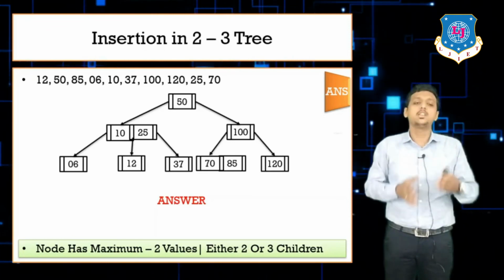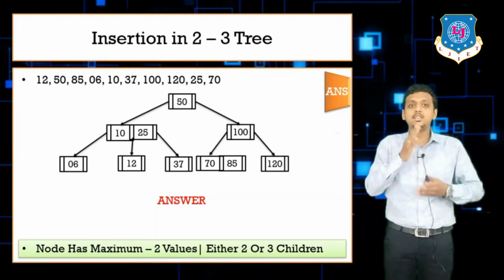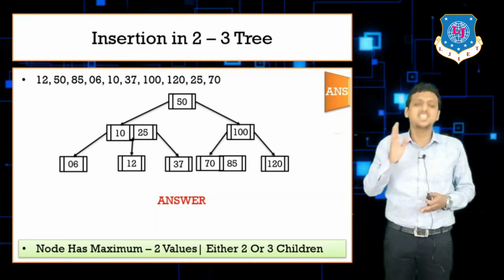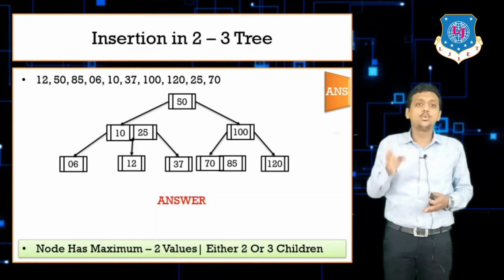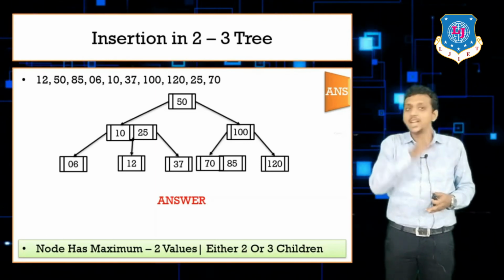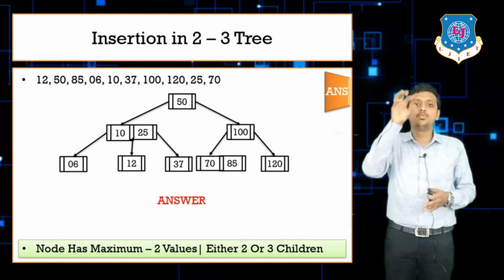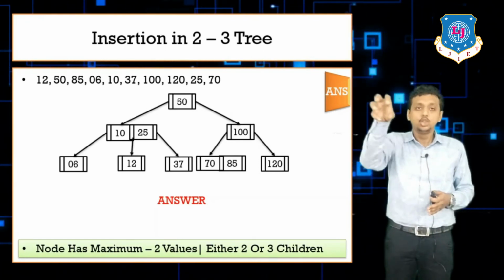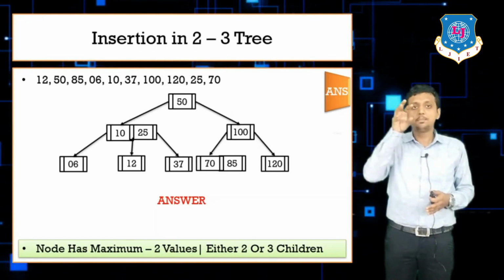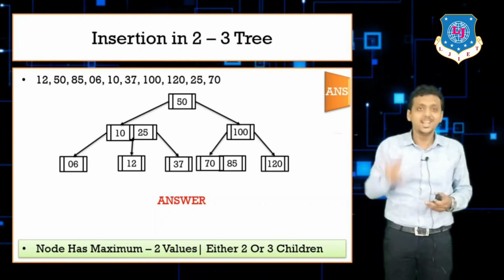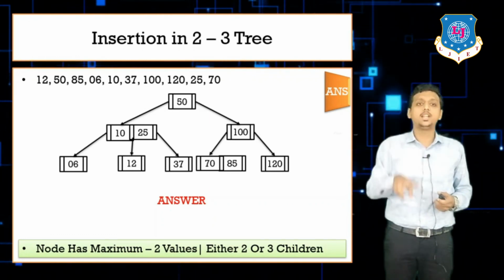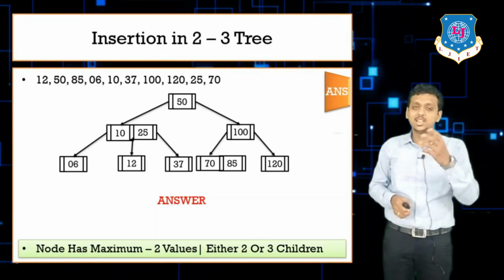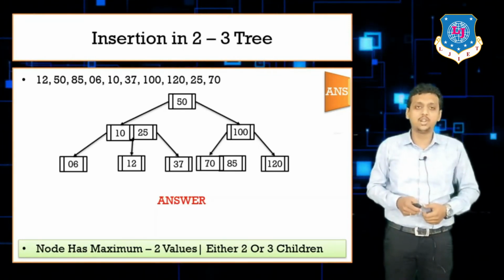At that time, you cannot decide from where to split. So just take your incoming value and put it in the node, and then decide from where to divide. That is the new thing that we learned today for insertion in a 2-3 tree.